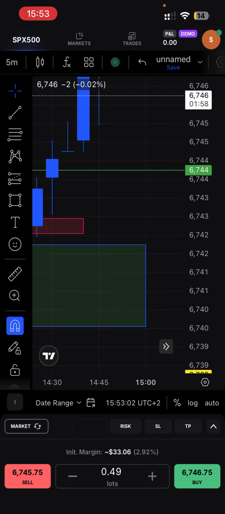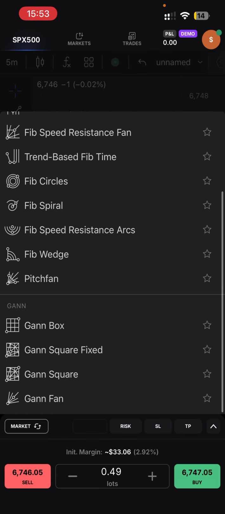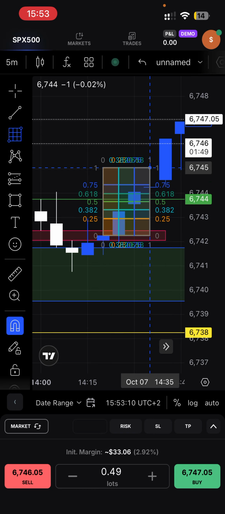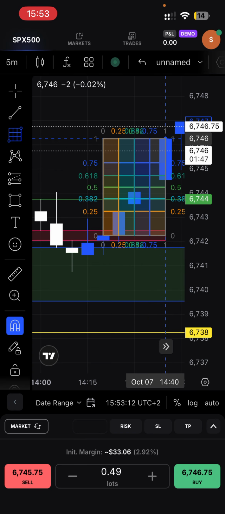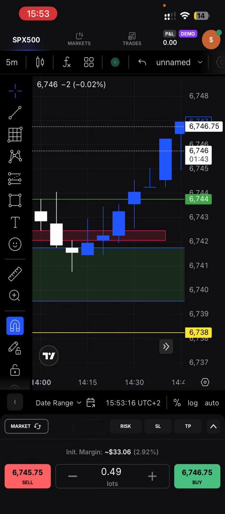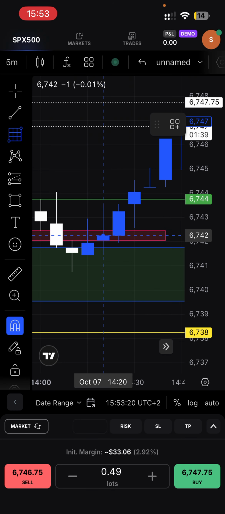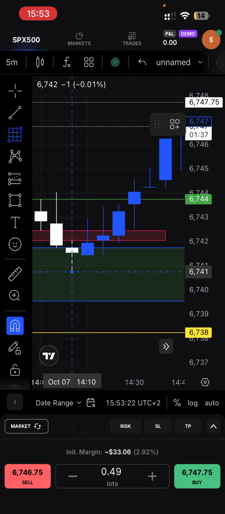I need a GAN box. Let me get a GAN box. There. Oh no, all mine's messed up. So usually you would do the equilibrium with that.